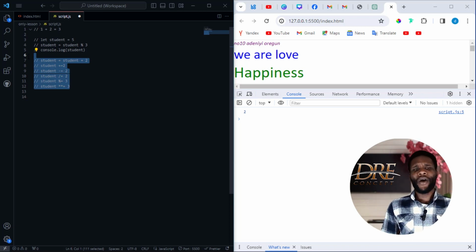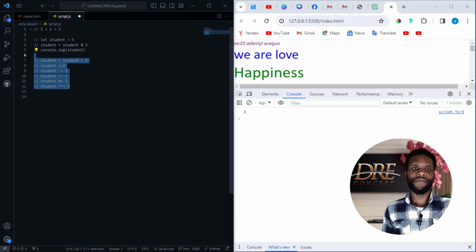So now I will be talking about arithmetic operation precedence. There's a level or order, a kind of orderliness in arithmetic operation, because if this order is not followed or is not obeyed, then your result might be wrong.